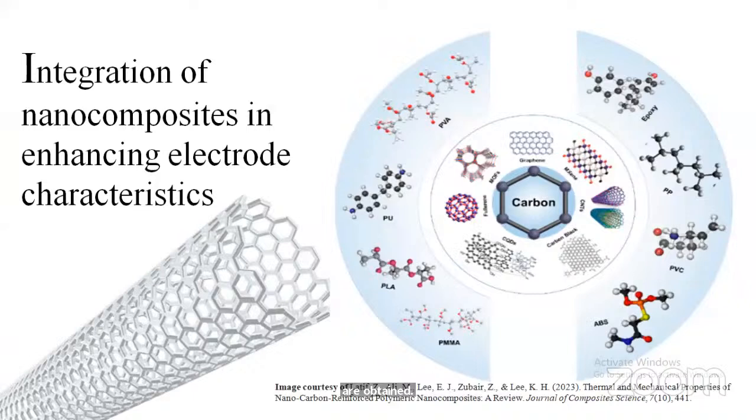So with this background information about microbial fuel cells, now we are going to focus on how research is going on and how nanocomposites have proven to be an essential and important component in enhancing electrode characteristics.